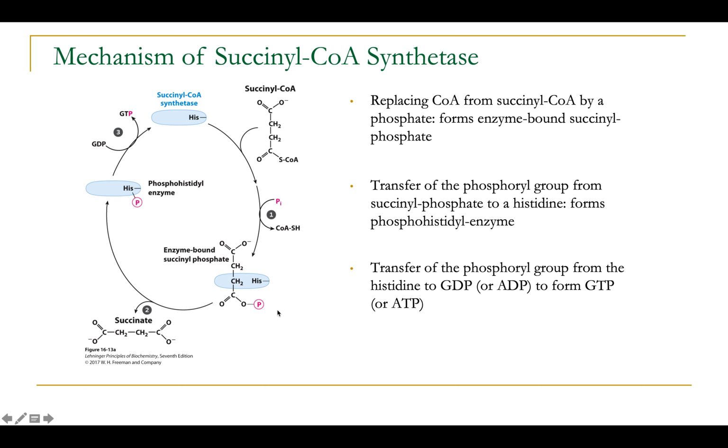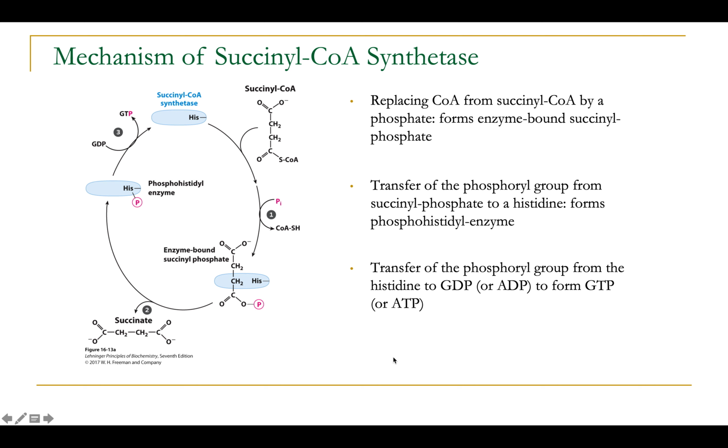The energy of this highly energetic bond is then used to phosphorylate a histidine residue within the active site of the enzyme, by a mechanism of substrate level phosphorylation, and then the histidine residue uses the energy of the phosphate bond for the substrate level phosphorylation of GDP, converting it to GTP.